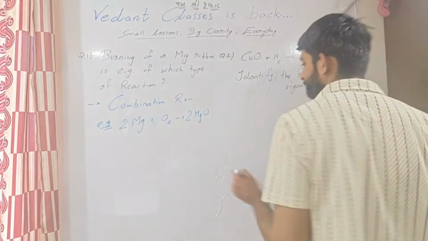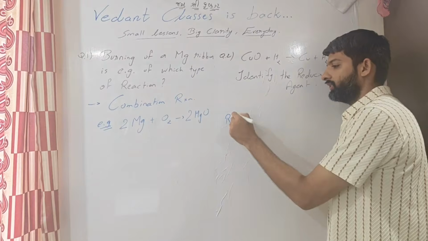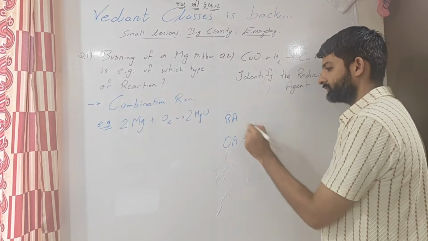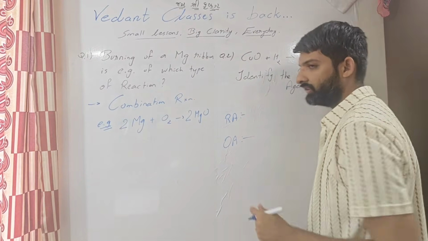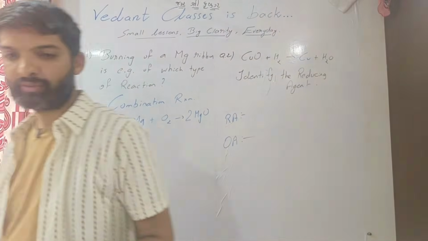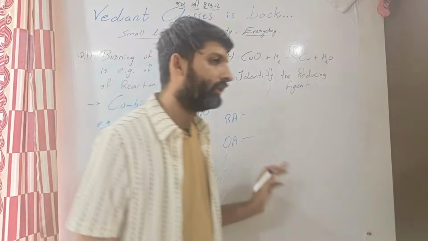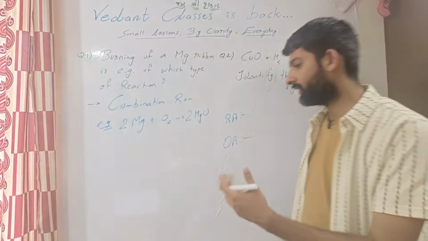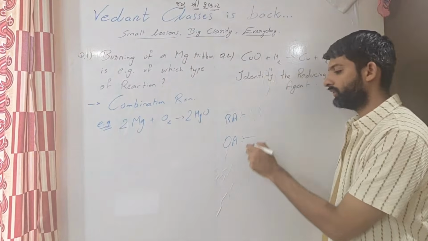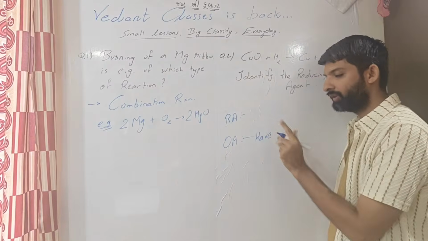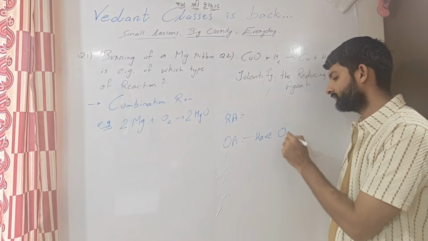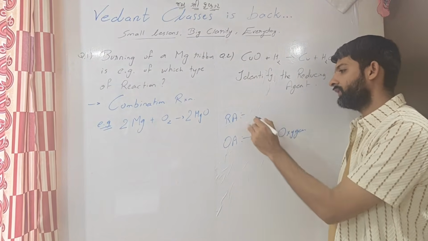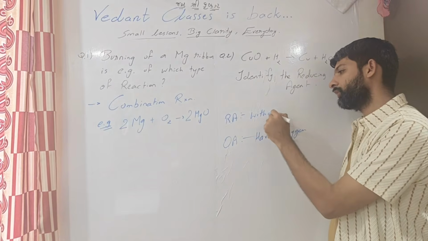Okay, let's see. Reducing agent and oxidizing agent. A reducing agent reduces others and oxidizes itself. An oxidizing agent oxidizes others and reduces itself. So for the oxidizing agent, you always need to remember this trick: it has oxygen, and the reducing agent will be without oxygen.